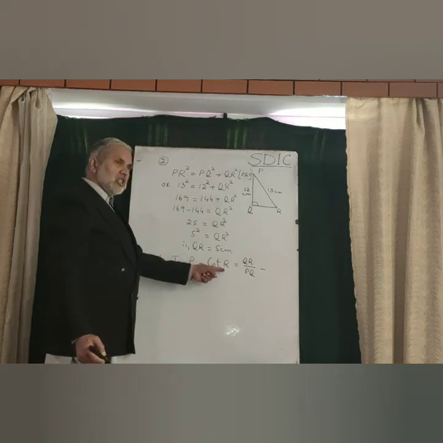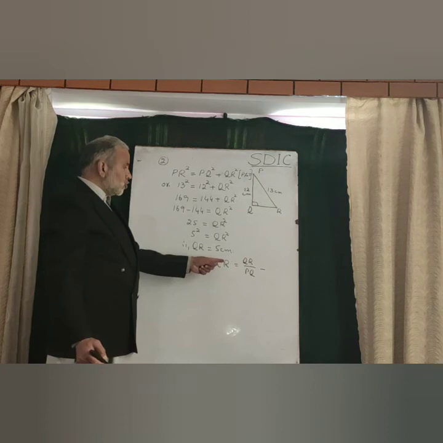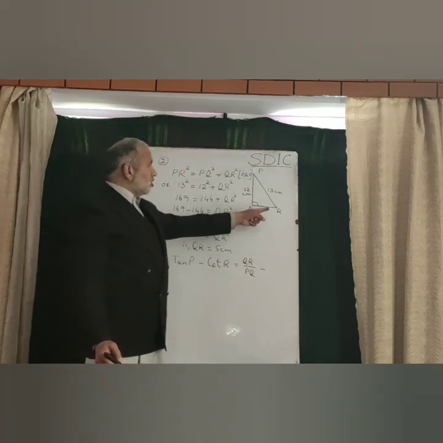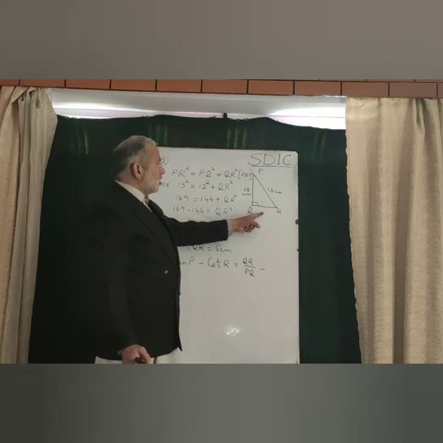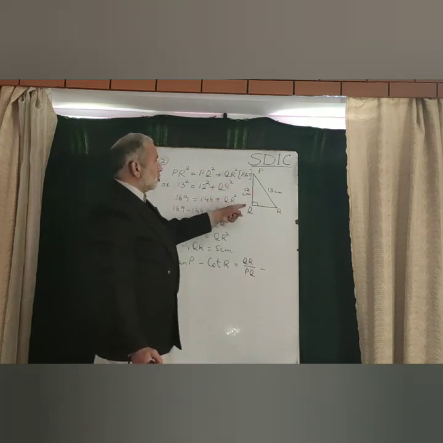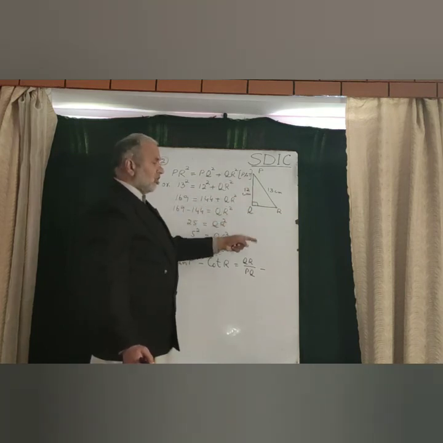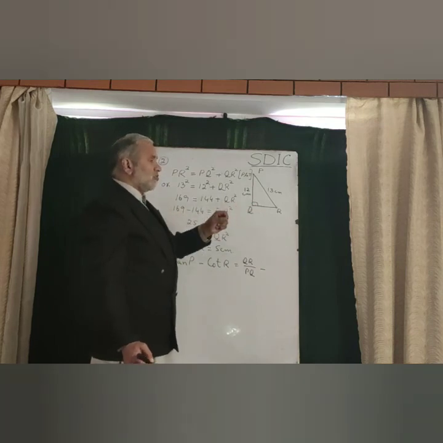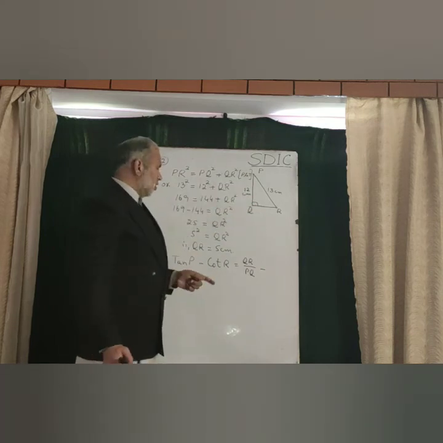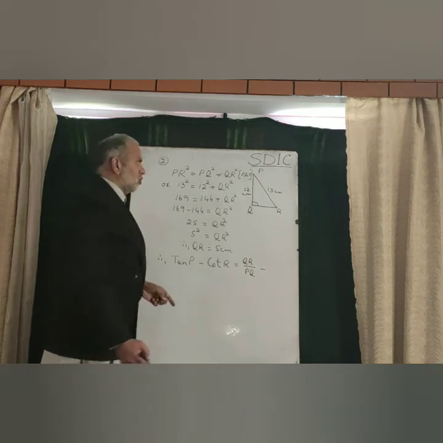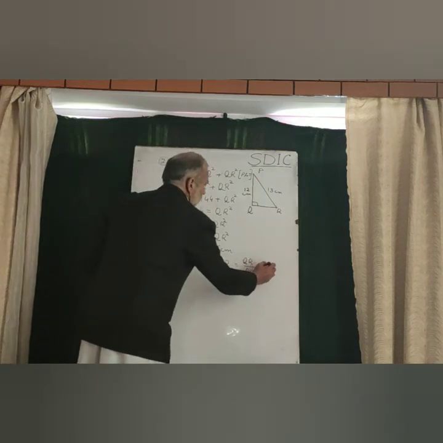Now the acute angle has changed. This time R is the acute angle. You have to choose perpendicular and base with respect to acute angle R. And with respect to acute angle R, base is QR, perpendicular is PQ. Therefore you have to use QR as base, PQ as perpendicular, cot is base by perpendicular, it is QR by PQ.